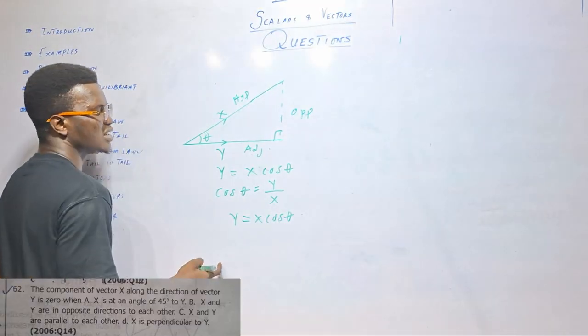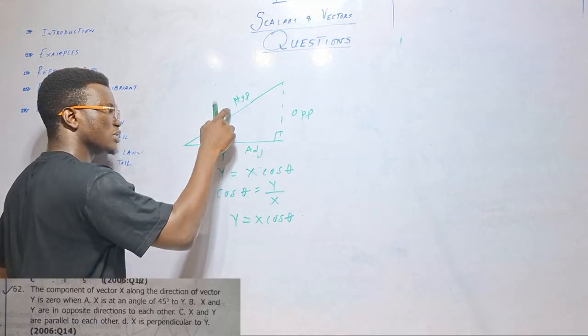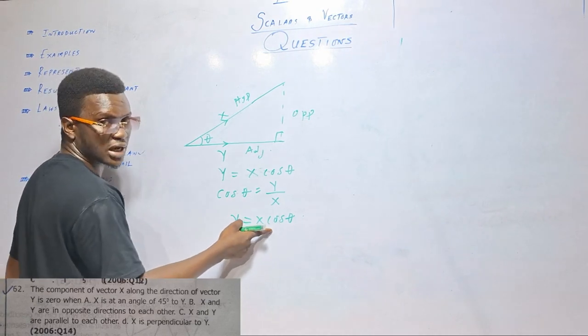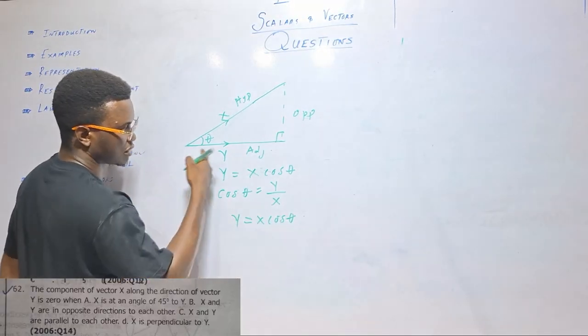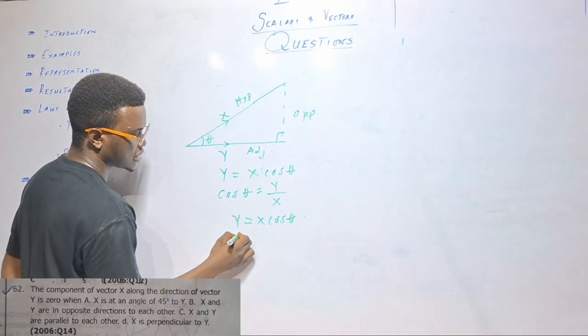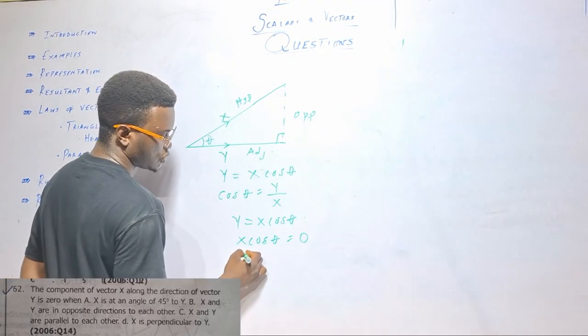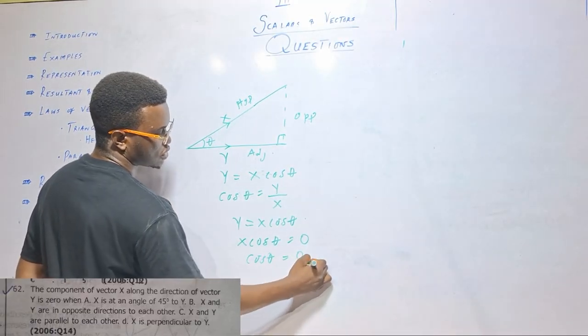So they now say the component of vector x along y is 0. Which means x cos theta, that's the component, is equal to 0. So the component along that direction is 0. So I can say x cos theta is equal to 0, which means that cos theta is equal to 0.